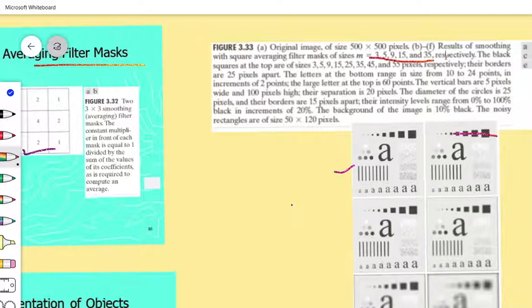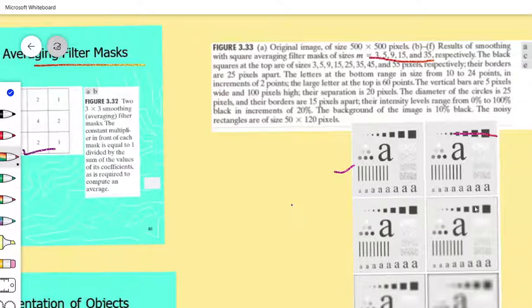The black squares at the top are 3, 5, 9, 15, 25, 35, 45, and 55 pixels respectively. The borders are 25 pixels apart, and these are the mask values we applied.